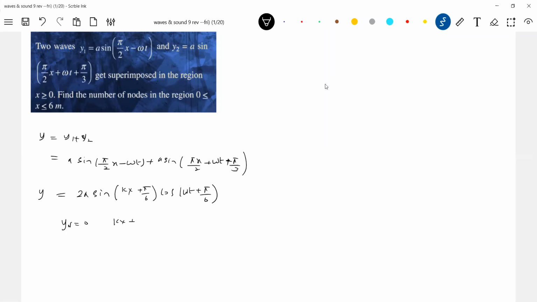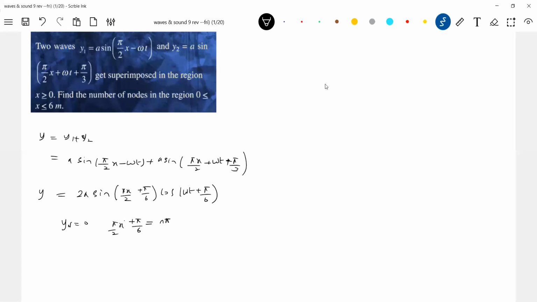Therefore this kx plus pi by 6 should be equal to 2n pi or n pi. Oh, this is k, no? Why am I writing k? Let it be. So this pi by 2.